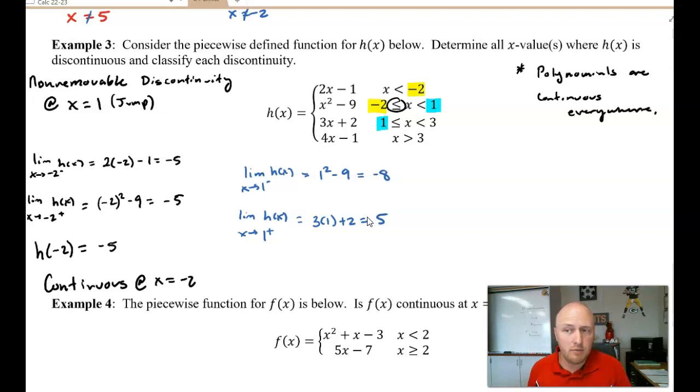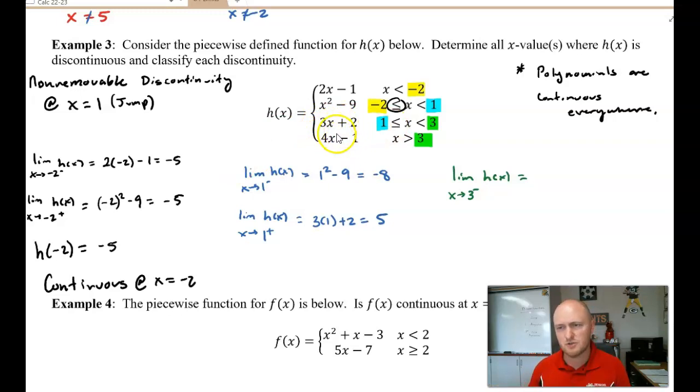We still have one more to go, and that is at 3. So I've got to check this piece. Is the limit of h of x as x approaches 3 from the left... Let's look from the left. All of these are polynomials, right? This is a polynomial, continuous everywhere. This is a polynomial.